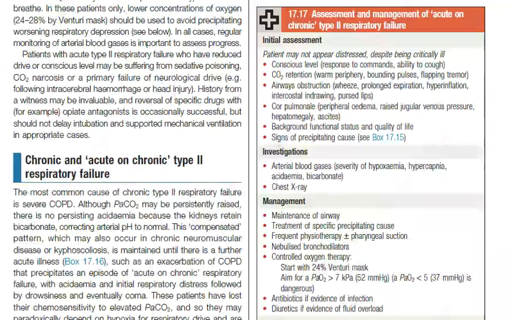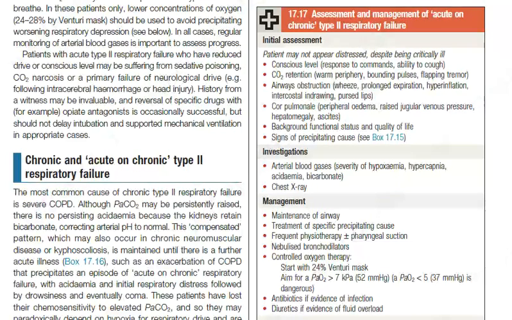Airways obstruction, wheeze, prolonged expiration, hyperinflation, intercostal indrawing, pursed lips, cor pulmonale, peripheral edema, raised jugular venous pressure, hepatomegaly, ascites. Background functional status and quality of life. Signs of precipitating cause.